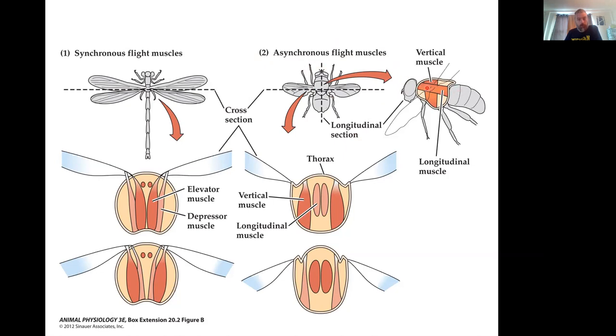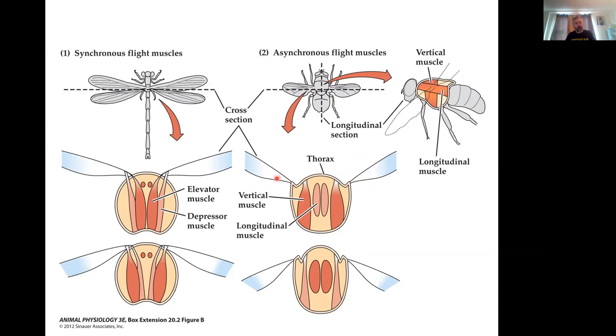Longitudinal run front to back, vertical run top to bottom. And neither of them is actually attached to the wing. They are only attached to the exoskeleton, and the wing is attached to little hinges on that skeleton. So as the vertical muscle pulls down, it compresses the thorax top to bottom, and that hinge pushes up. And as that hinge pushes up, the wing goes up.